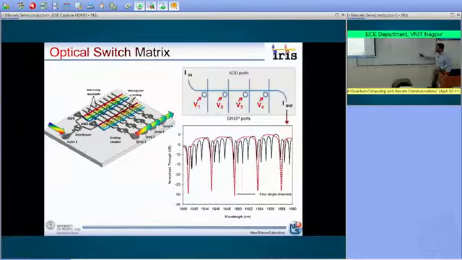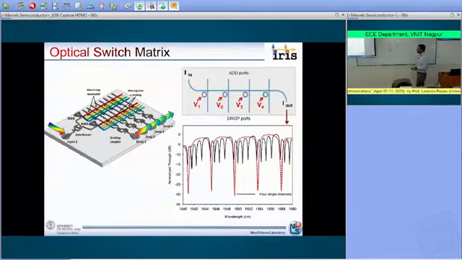I have already told you that once you fabricate the microring resonator, the fact that you use a lithography with a resolution of 5 nanometer causes the actual position of one microring resonator to be slightly different with respect to the other. The black line here is, in the case of a channel with 4 different microring resonators, the transmission of this system.